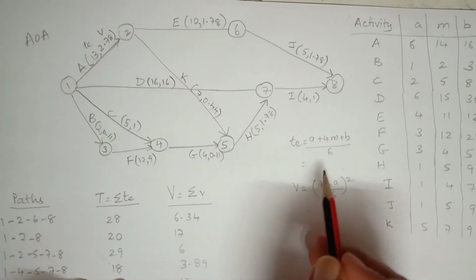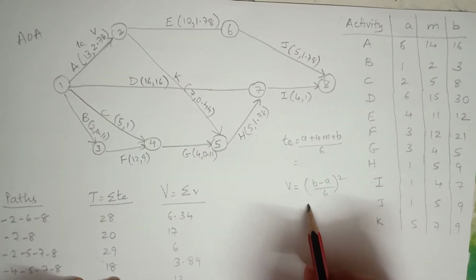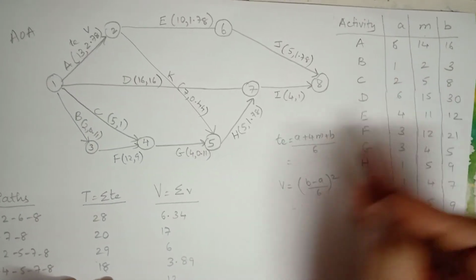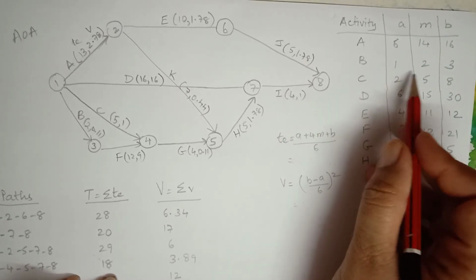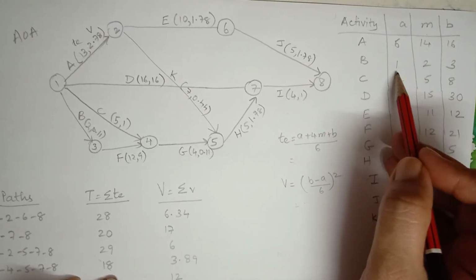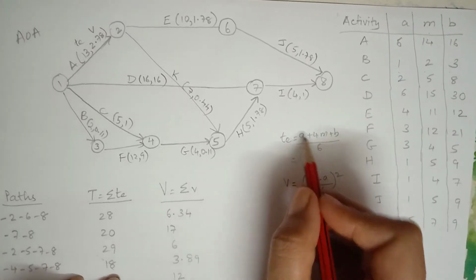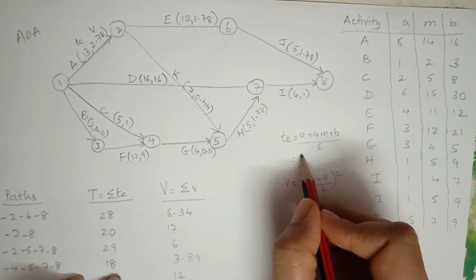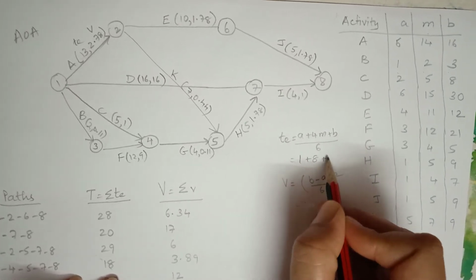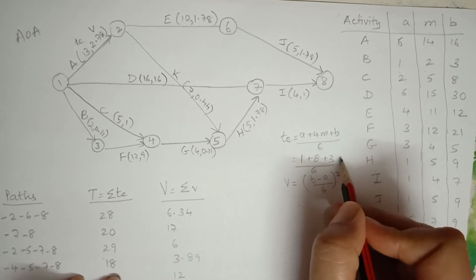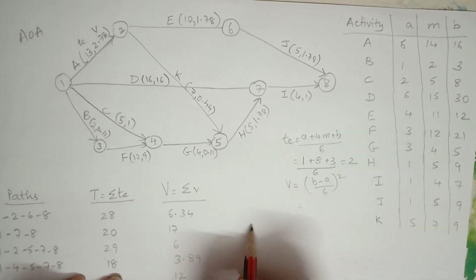Now to explain, these are the formulas that I just told you. Let's consider a simple example. Say for activity B, the values of a, m and b are 1, 2 and 3. If I replace it in the formula, it would be 1 plus 8 plus 3 divided by 6, which would give me an answer of 2.